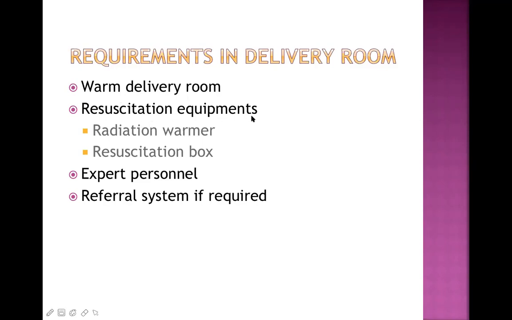The resuscitation equipment should be there, like a radiant warmer and a resuscitation box. This radiant warmer is a table-like setting which is there in every delivery room.